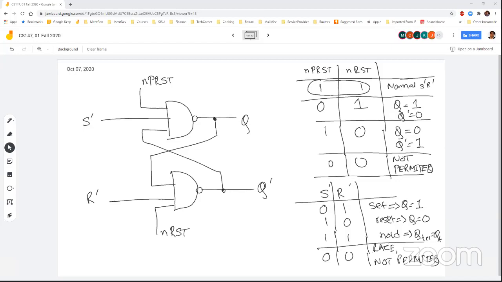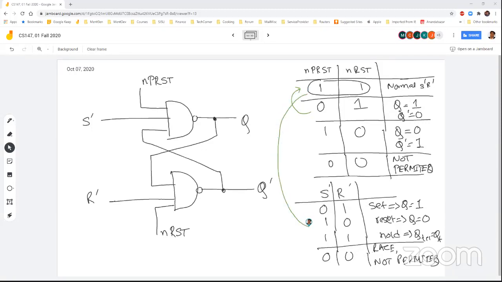But once the value changed to the normal S bar R bar latch operation condition, at that point, it will be either of these three, right?